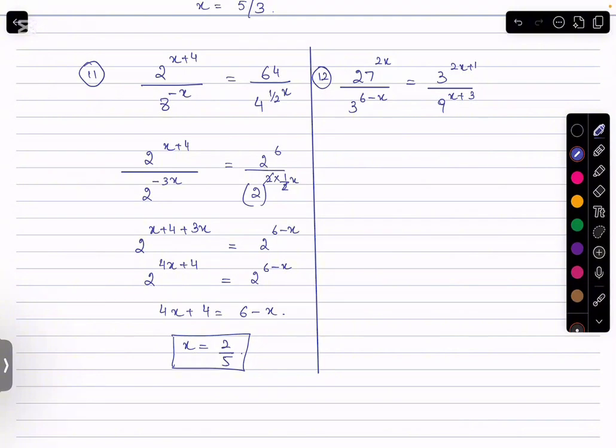You're saying it's 6x and then 6 minus x. So this is 6x minus 6 plus x, 7x minus 6, and here it's 2x.